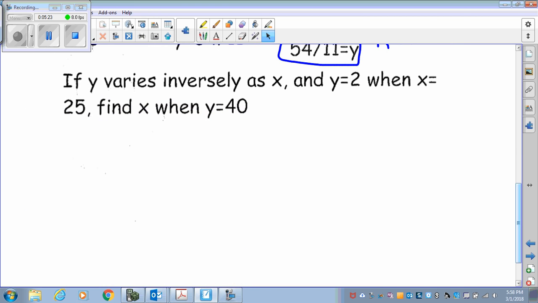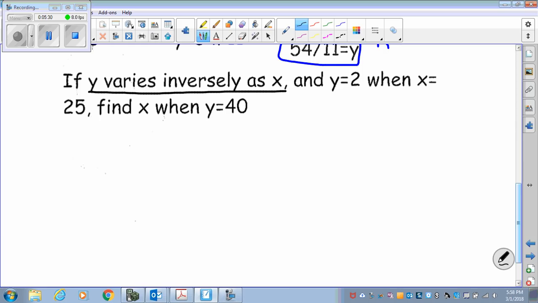That was all very cramped, so let's do one where we can see everything. So if y varies inversely with x, I know y is on top and x is on the bottom. Okay, that's inverse. I also know I could say x times y equals that constant. And I know that y equals 2 when x is 25.